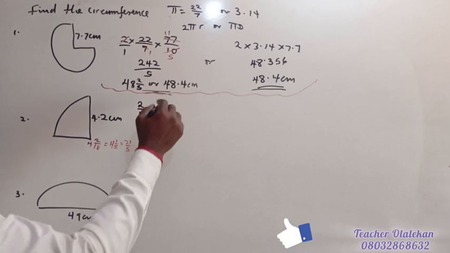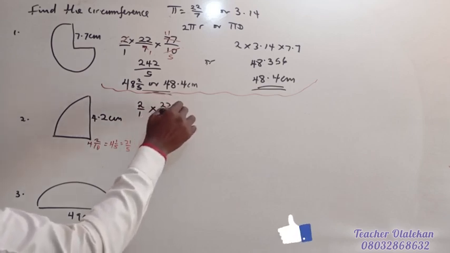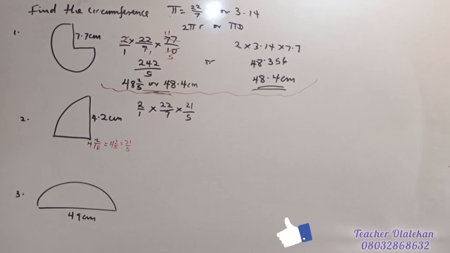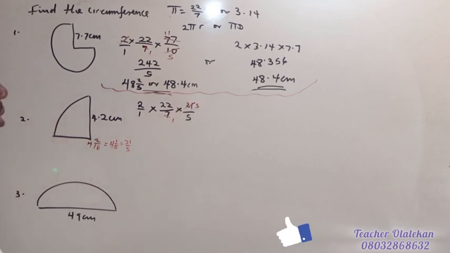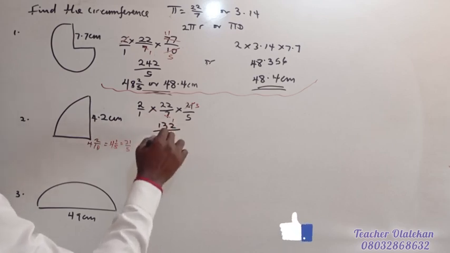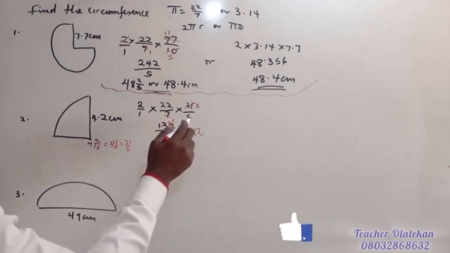So that is your radius. The radius will now be pi is 22 over 7 and radius is 21 over 5. At this stage you divide, right? 7 here 1, 7 here 3. That becomes 132 divided by 5. 5 in 13, 32.